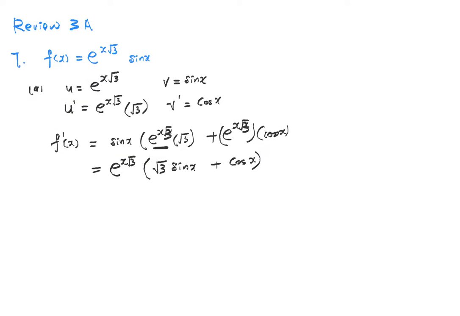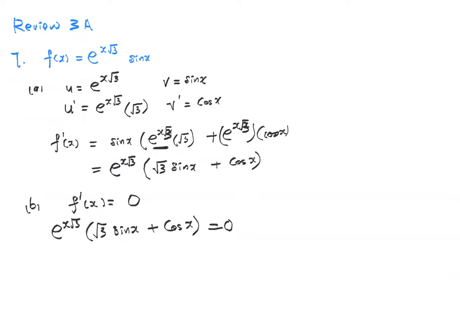So part B, f prime x equal to 0. Okay, so we know that e to the power x root 3 equal to 0 is no solution.